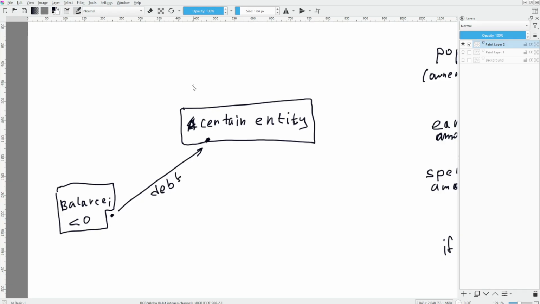There is no good name, but it is a certain entity which owns all debt. And if some balance is larger than zero, it means that this certain entity is indebted to this balance.